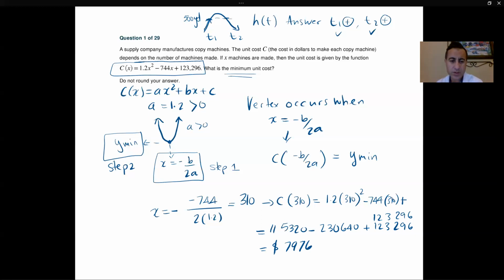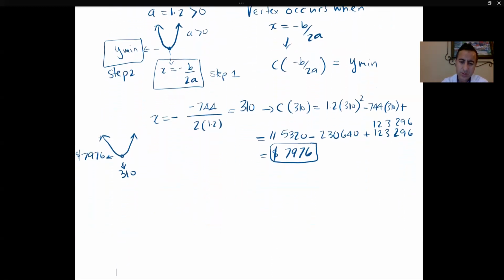All right. So recap. You have a graph. You have a function that's acting that way. Then you have 310, and the minimum 700,976. All right, and we didn't need to round it. It is what it is, and that's it.